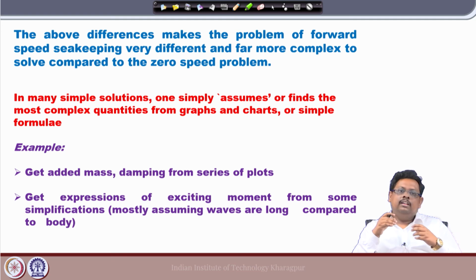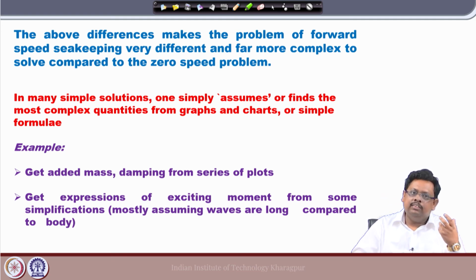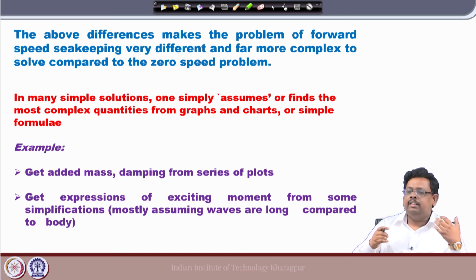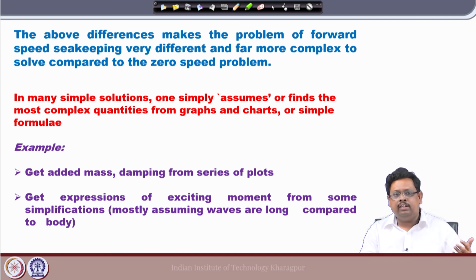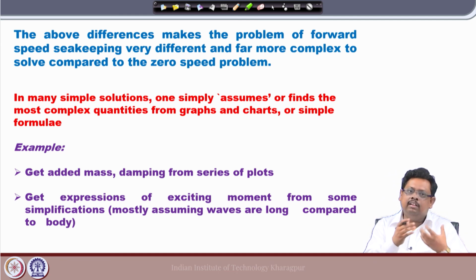However, normally in industry, because these are so complex, people have come up with empirical formulas, and the added mass and damping coefficients can be obtained from series of plots and graphs. We will definitely discuss that aspect, compared to the conventional way of getting added mass and damping, the theoretical or numerical development. Apart from that, you have to remember that it is also important.